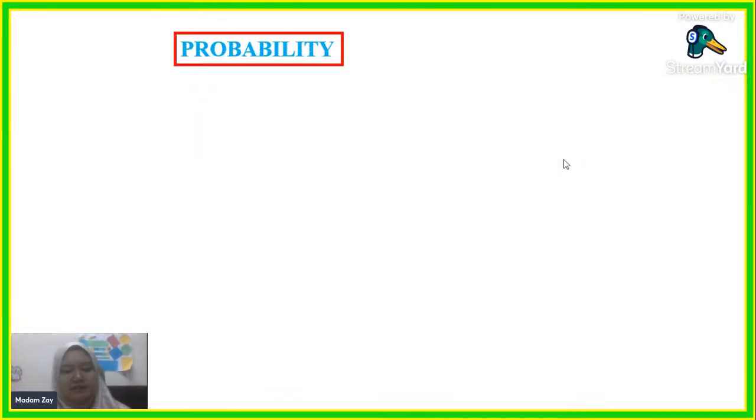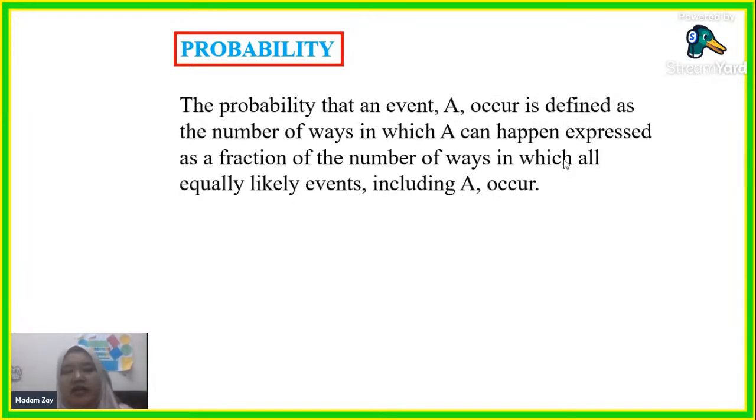Okay, probability. The probability of an event A occurring is defined as the number of ways in which A can happen, expressed as a fraction of the number of ways in which all equally likely events, including A, can happen.